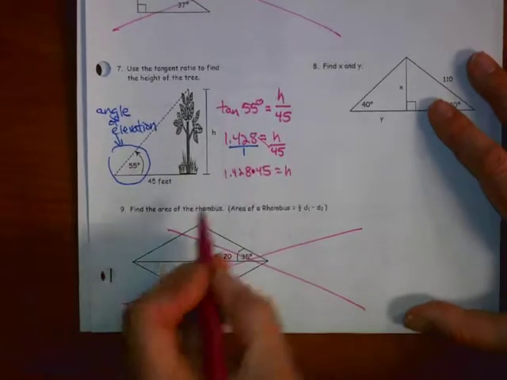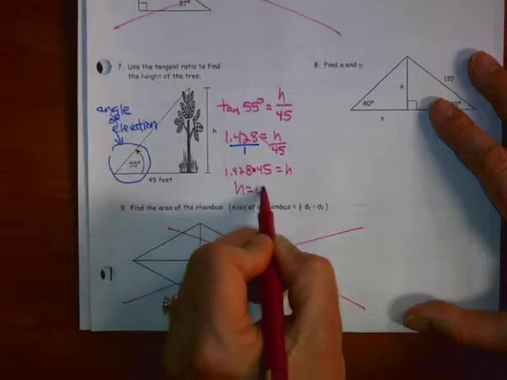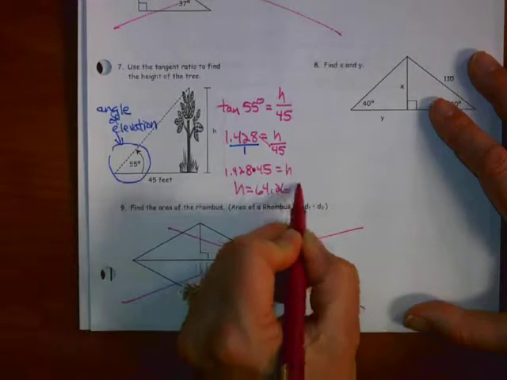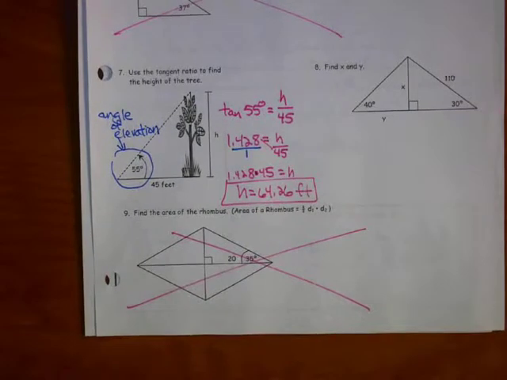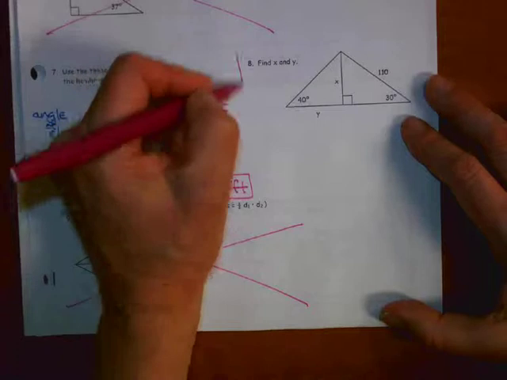And so the height of the tree is about 64.26 feet. Pretty nifty. If you know that angle, you can measure any tree. Let's go take a field trip. Okay, last problem here.